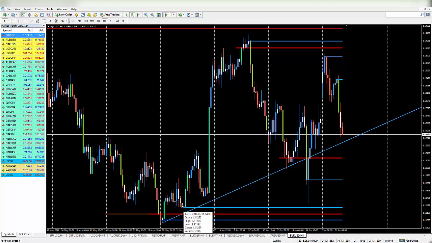This child is stronger than others, because when price left here, we managed to take out this high and this high as well. This tells us that this area of demand is pretty significant. You want to identify the most significant areas of supply and demand, because these are the ones you're most likely going to have a reaction on.